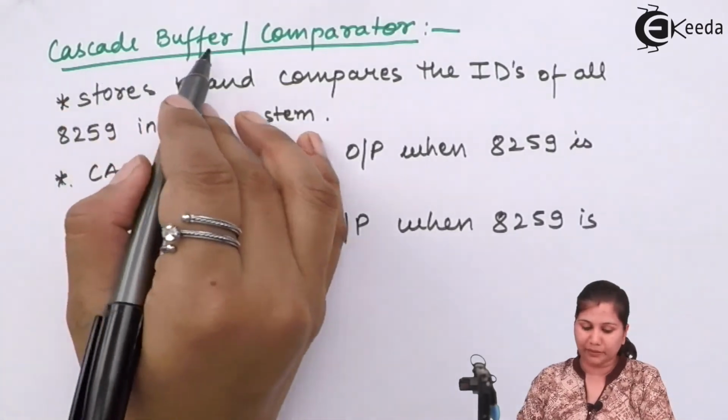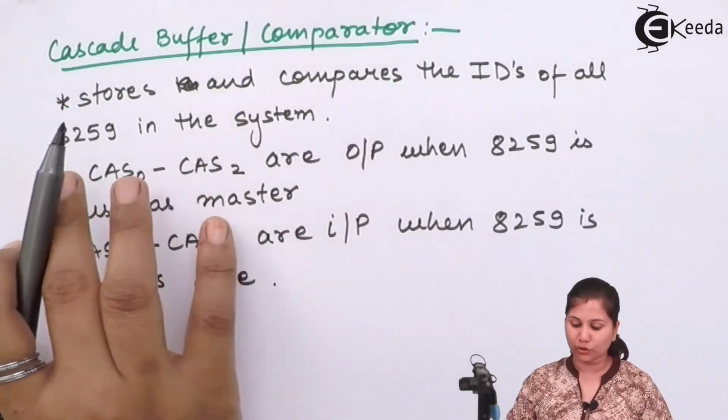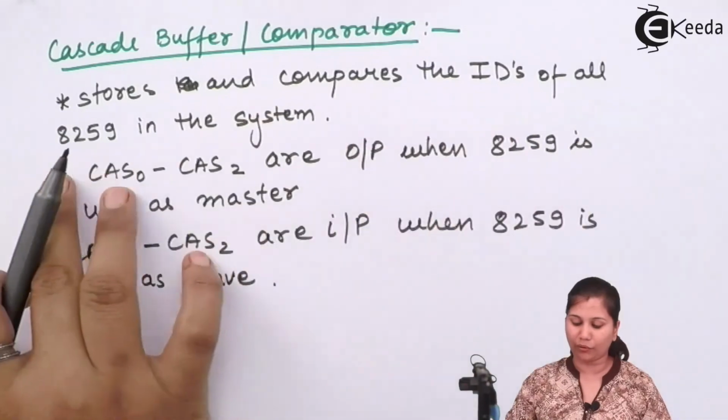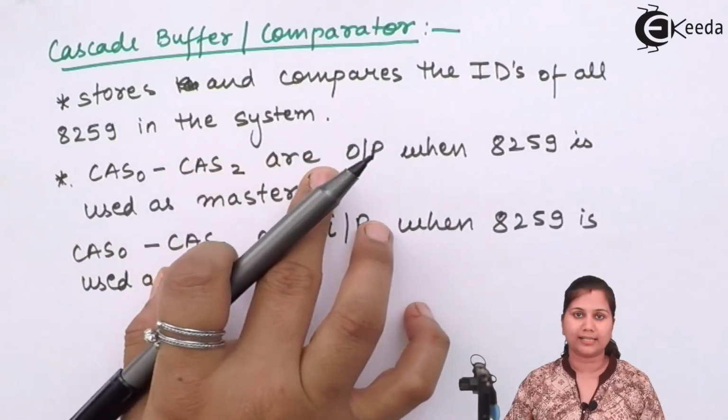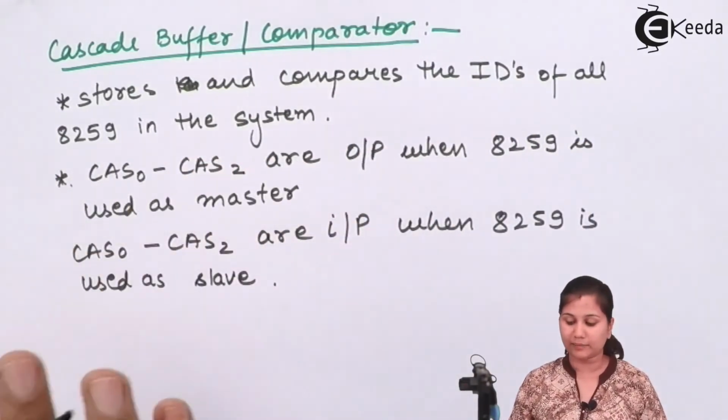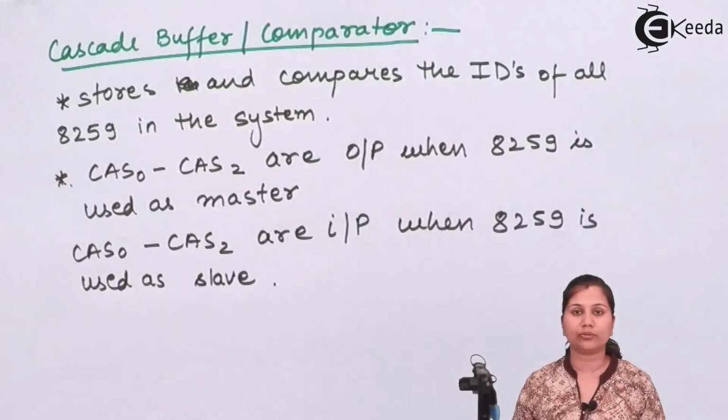This cascade buffer and comparator block stores and compares the ID of all 8259 in the system.